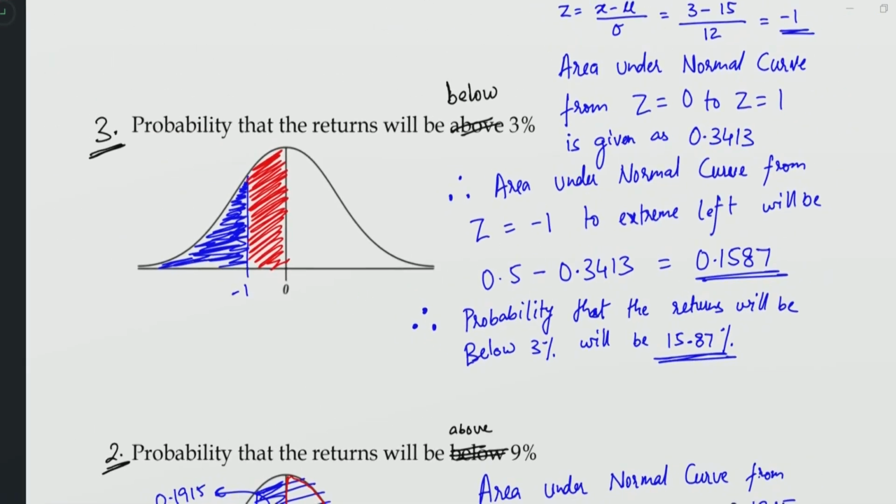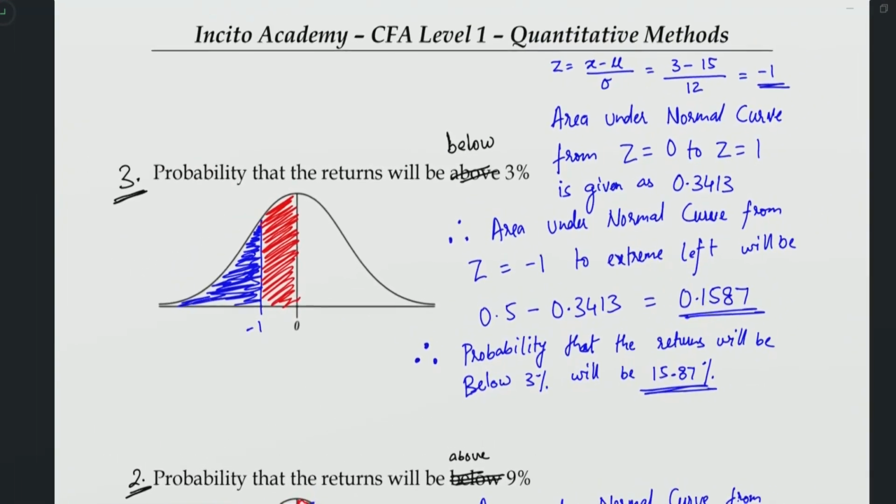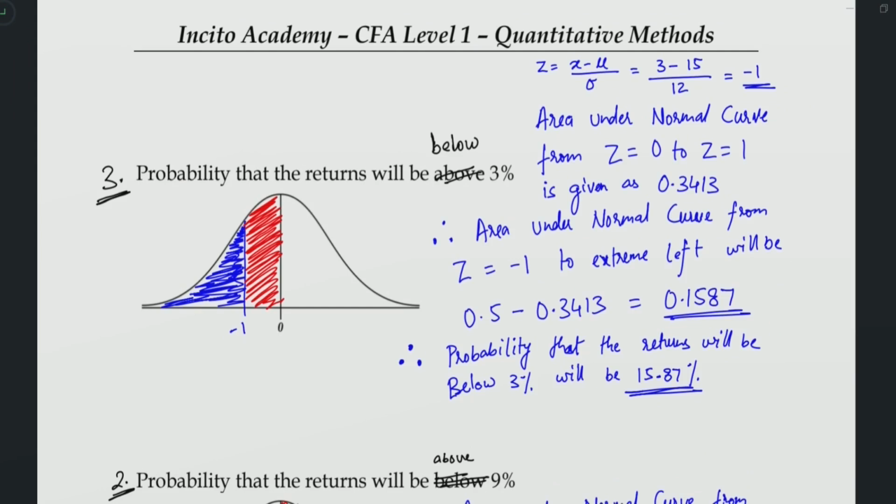Final answer: the probability that the returns will be below 3% is 15.87%.